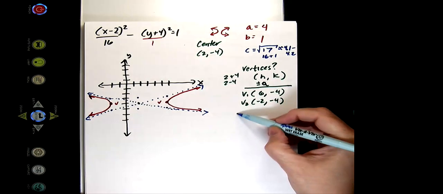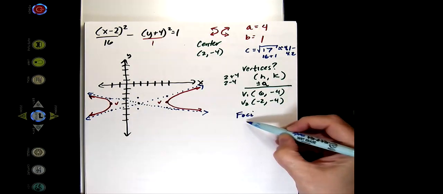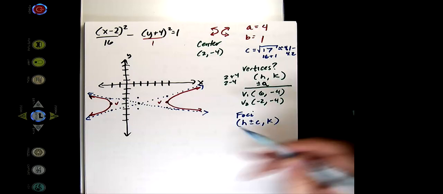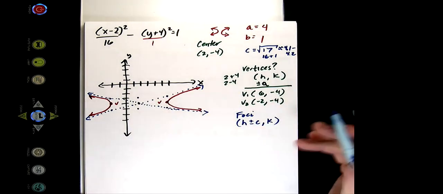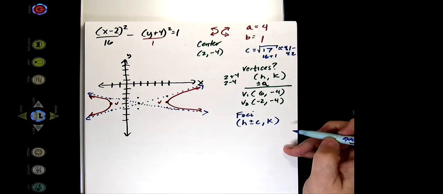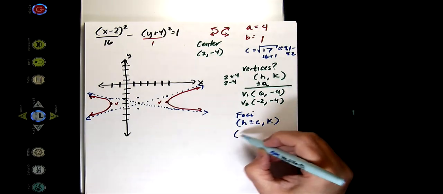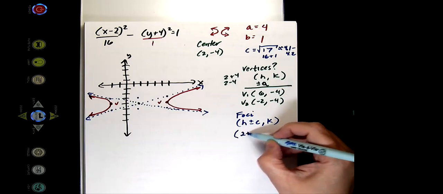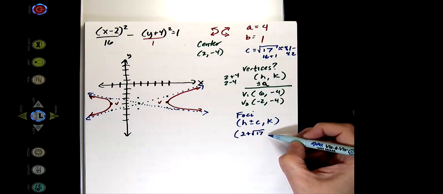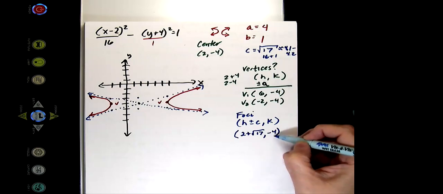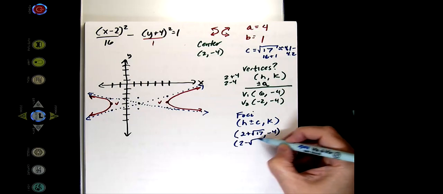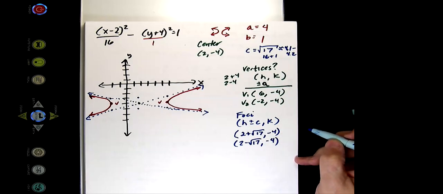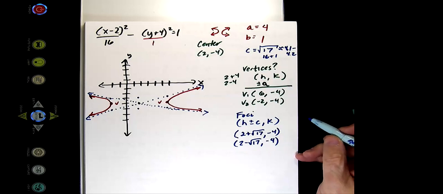Foci do the same thing, but now it's plus or minus C. Again, it's always along that transverse axis. So we have one at (2 plus square root of 17, -4) and (2 minus square root of 17, -4). I don't know that that's all that helpful for graphing.